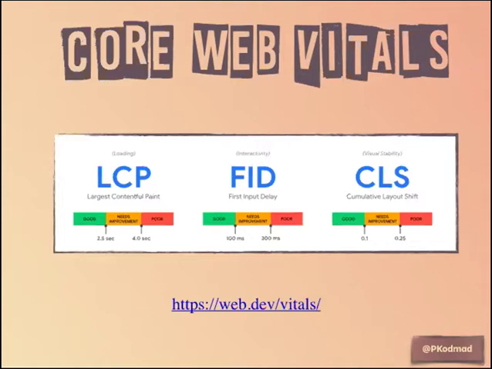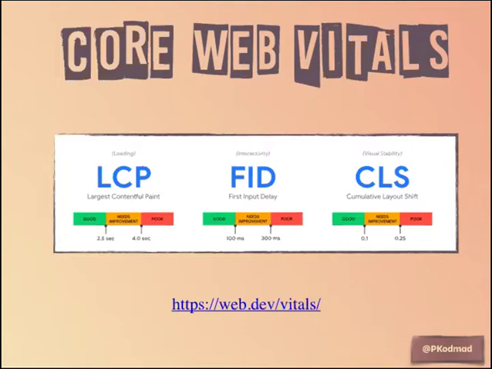I like the direction that it's headed in. So Core Web Vitals focuses on three main aspects of web performance: loading, which is like first load, interactivity, and visual stability. So I like that there are three clear-cut focuses towards performance, and each of these metrics has thresholds.